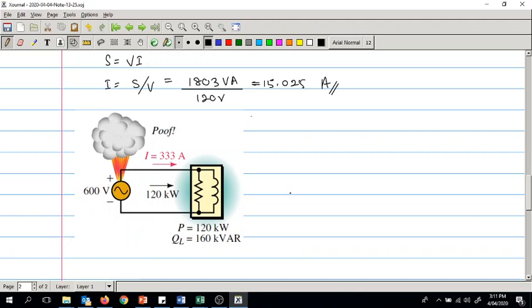what is the power factor here? Let's calculate the power factor, right?